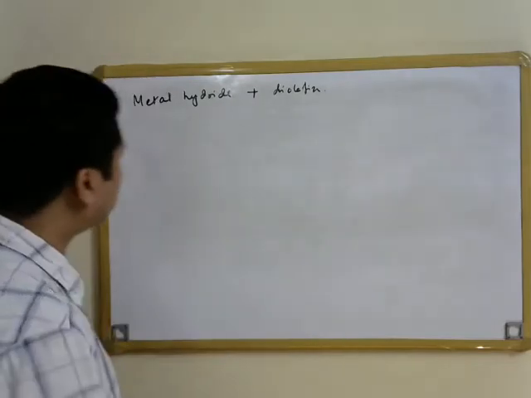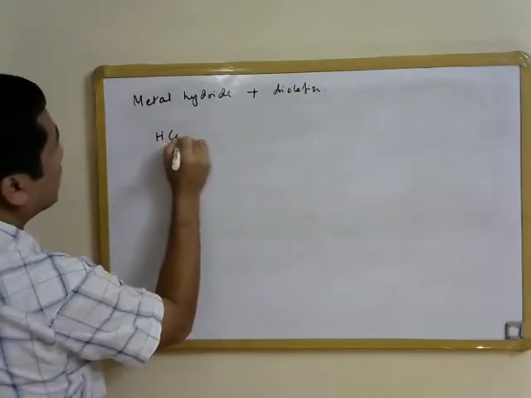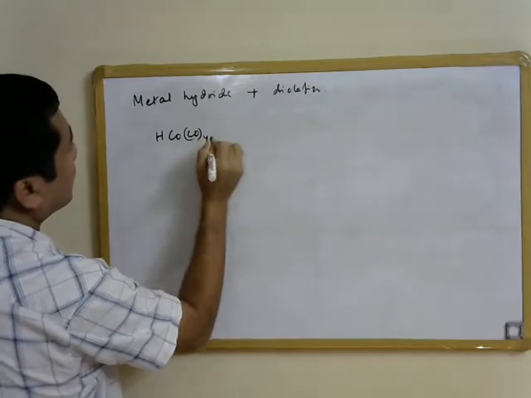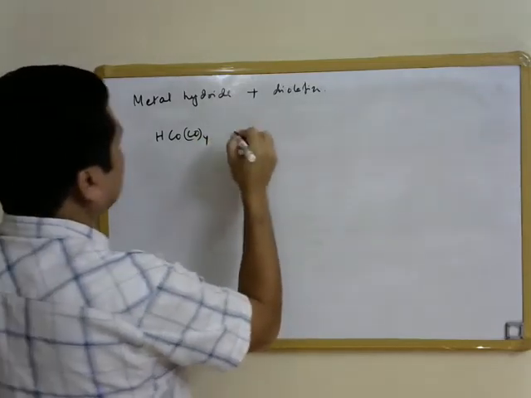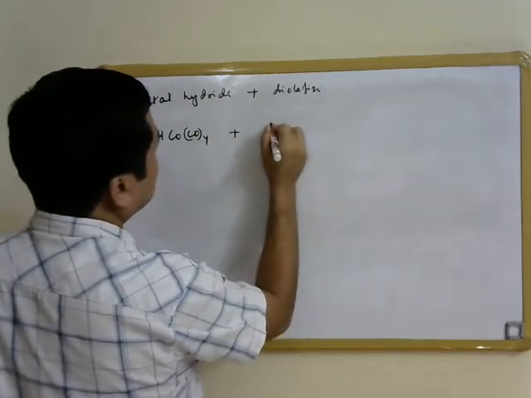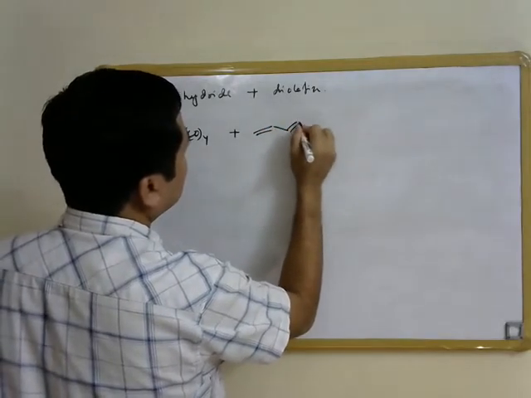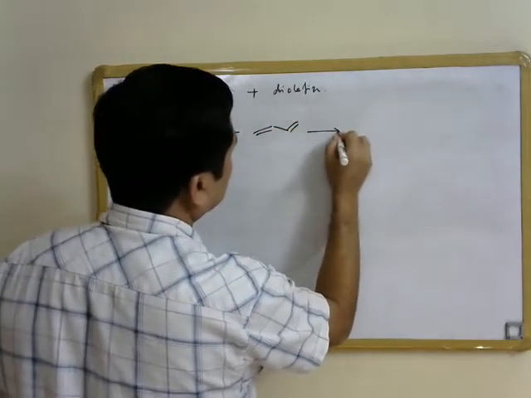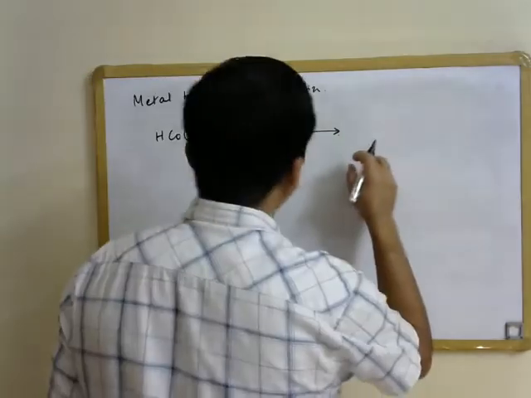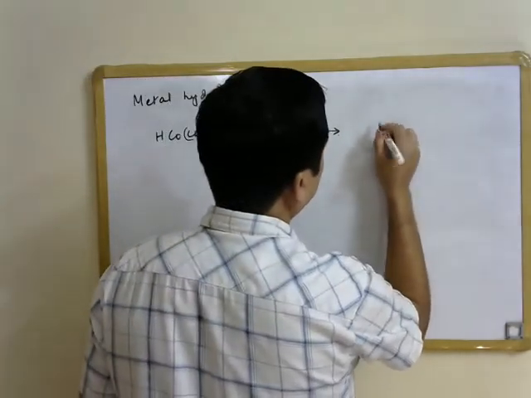We'll see one example where a metal hydride, that is cobalt carbonyl hydride, during its reaction with butadiene produces two metal allyl complexes.